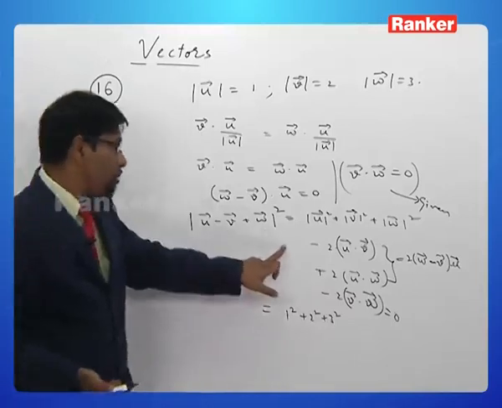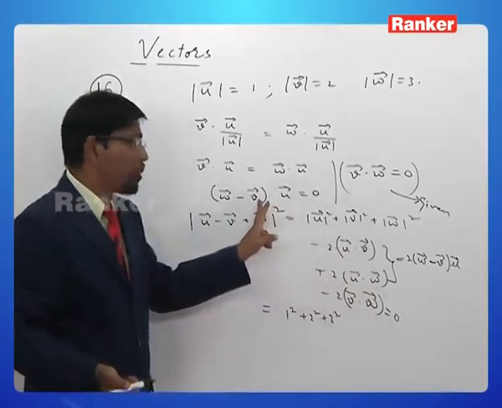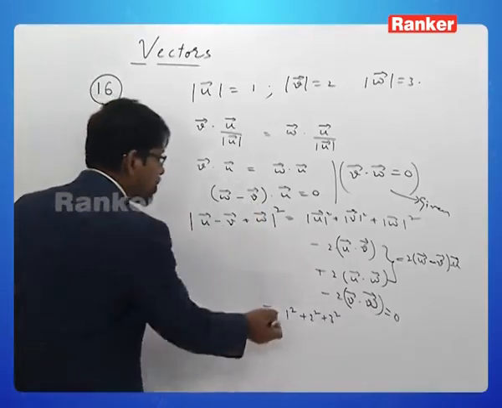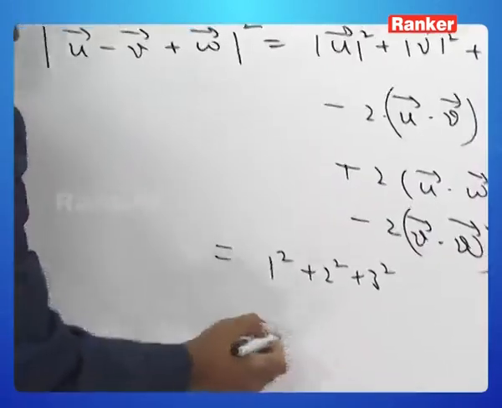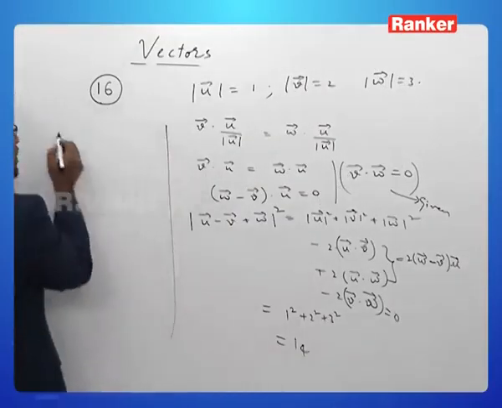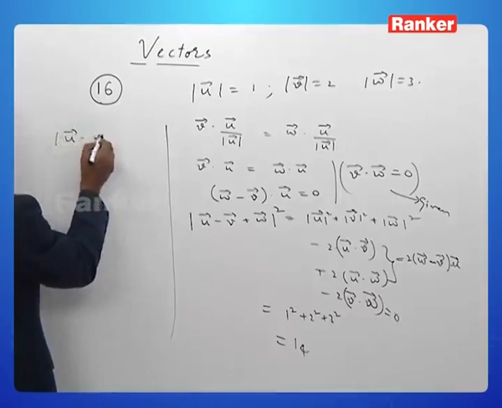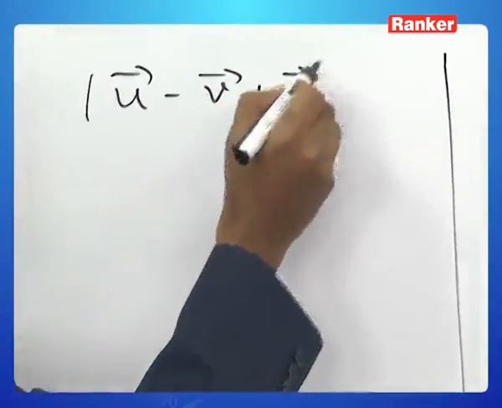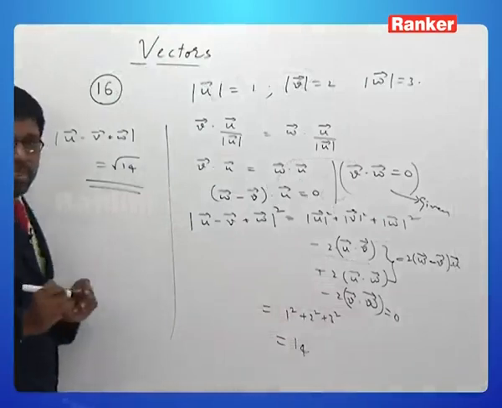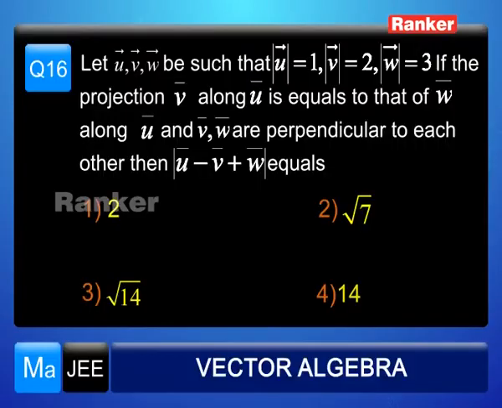These two terms can be clubbed, and that is already known to be 0 here. Therefore, the entire thing turns out to be 1 square plus 2 square plus 3 square, which is nothing but 14. So the magnitude of u minus v plus w will be equal to under root of 14. The right option is option 3.